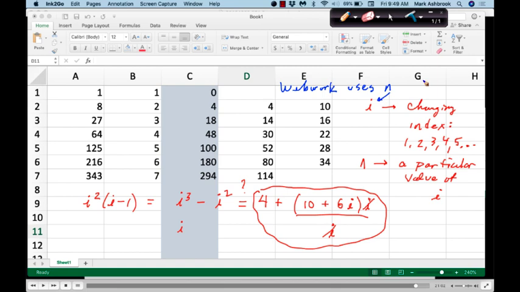But in class, I will mean the changing value of the index. N will mean a particular value of I. In WebWork, n will mean I the way we're using it in class, all the values. 1, 2, 3, 4. So I just want to get you in that way of thinking. Okay, any questions?